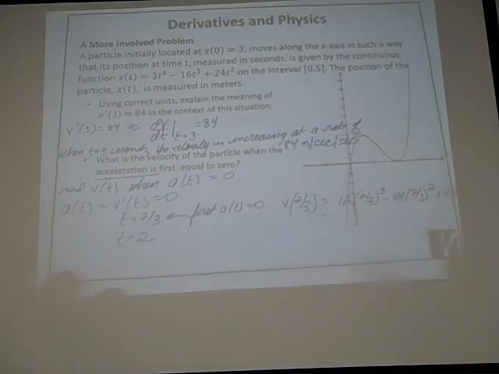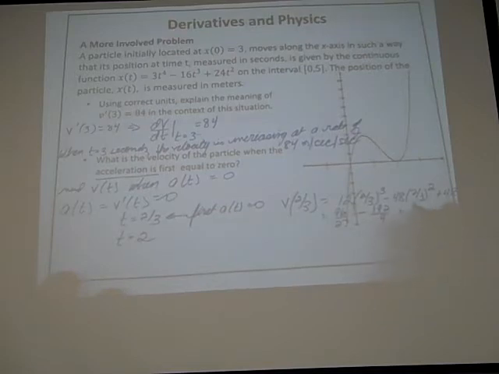Oh, I feel really badly. Let's finish that off. 2/3 cubed is 8 over 27. 8 over 27 times 12 is 96 over 27. Minus 2/3 squared is 4/9 times 48 is 192 over 9.